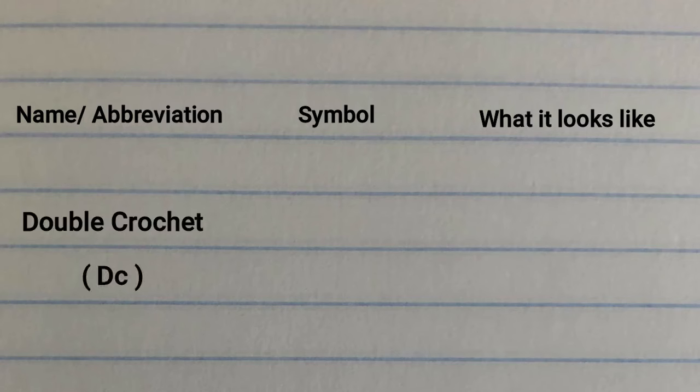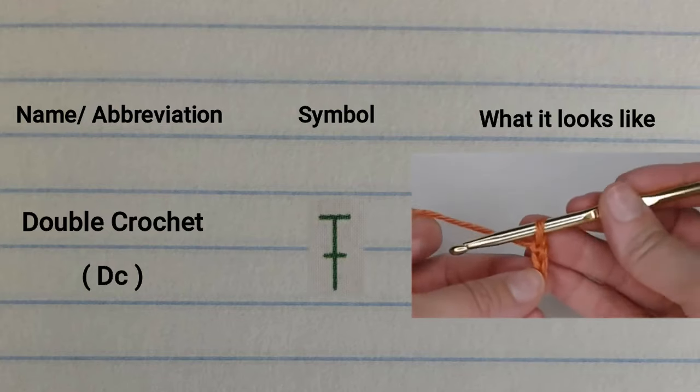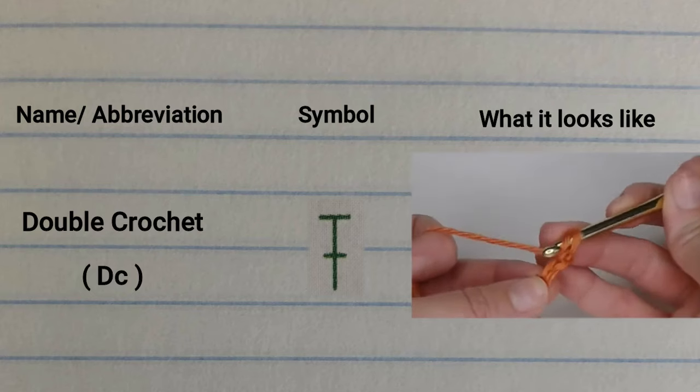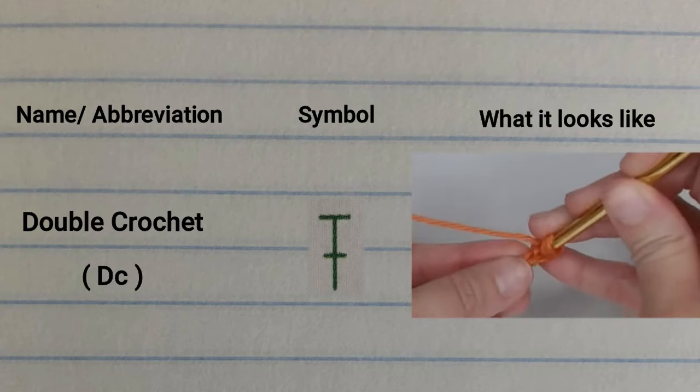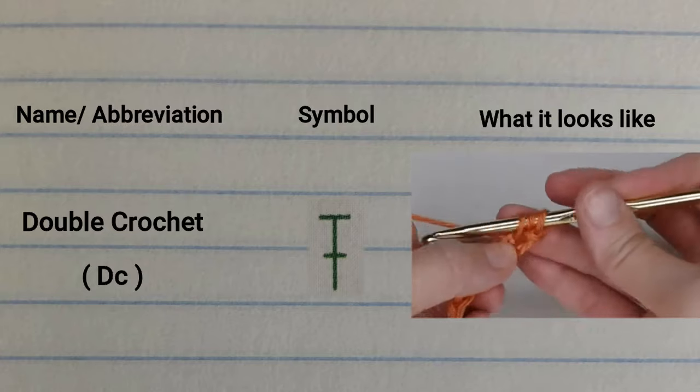The last stitch we're going to go over in this video is a double crochet stitch. Here is the abbreviation for a double crochet. Here is the symbol for a double crochet. And here is what a double crochet actually looks like. In the second chain from your crochet hook, you're going to yarn over, insert your crochet hook into that chain, yarn over, pull through.